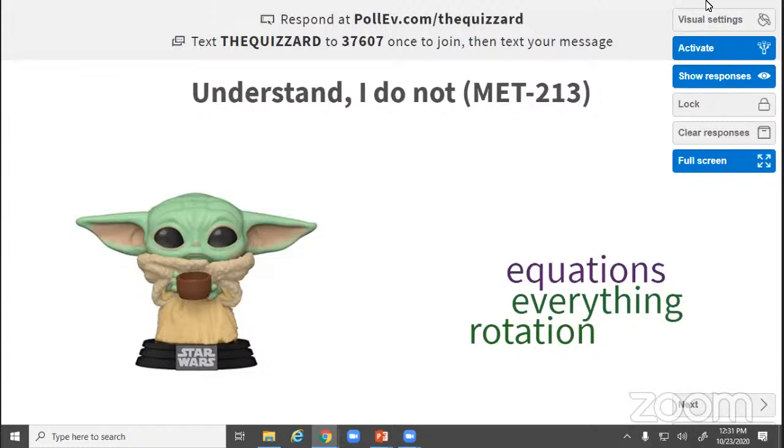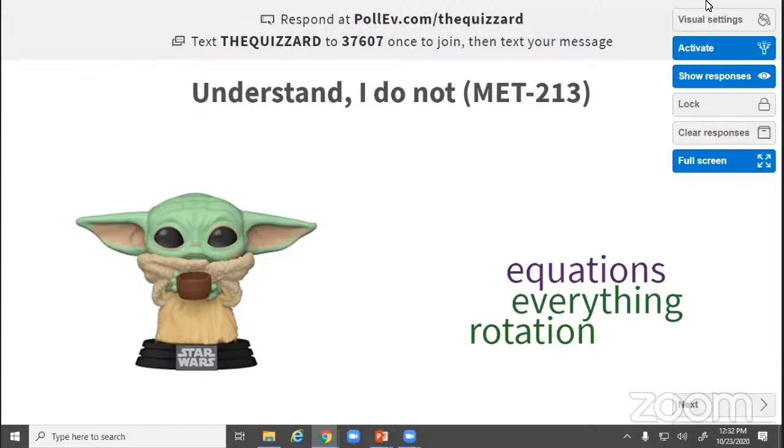Instead of x, we have theta. Instead of v, we have omega. And instead of a, we have alpha, right? Otherwise, they are the same form. We're just using angular position, angular velocity, and angular acceleration as our variables.